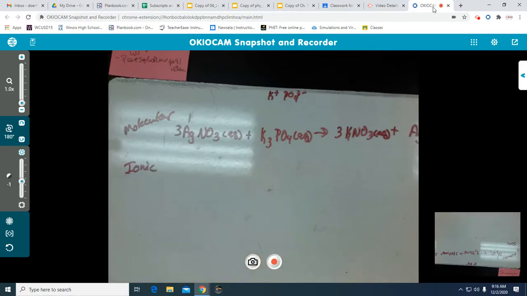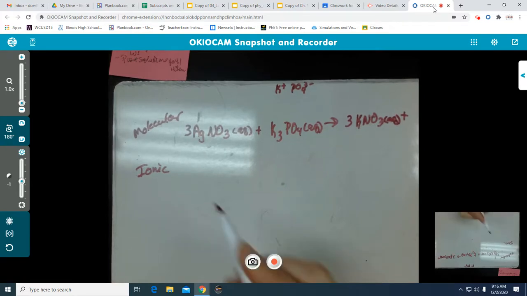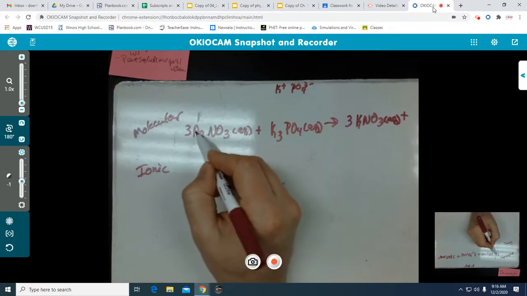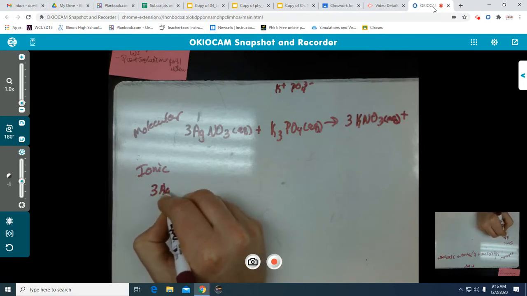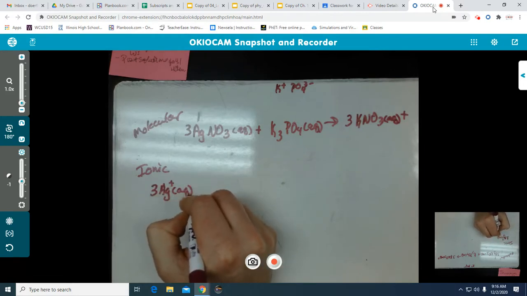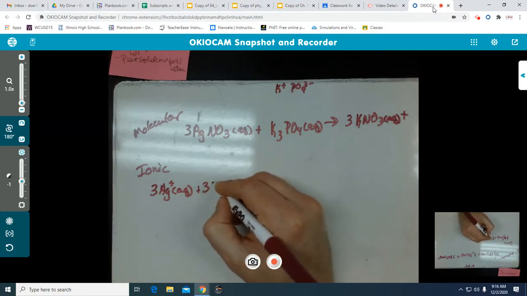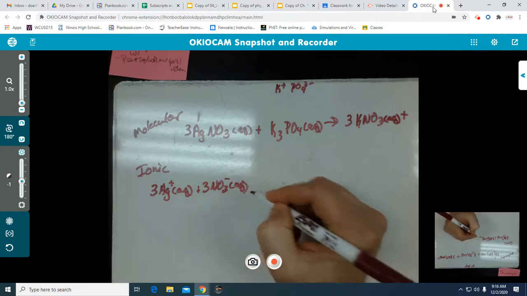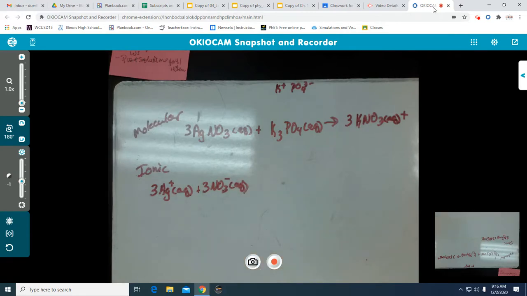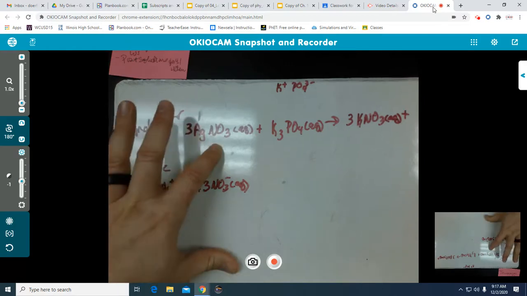This is going to take up some space here, so I'm going to try to do this as neatly as I can. Silver nitrate is going to break up into 3 Ag+ aqueous plus 3 NO3- aqueous. So far so good, because we're putting that coefficient on both silver and nitrate.